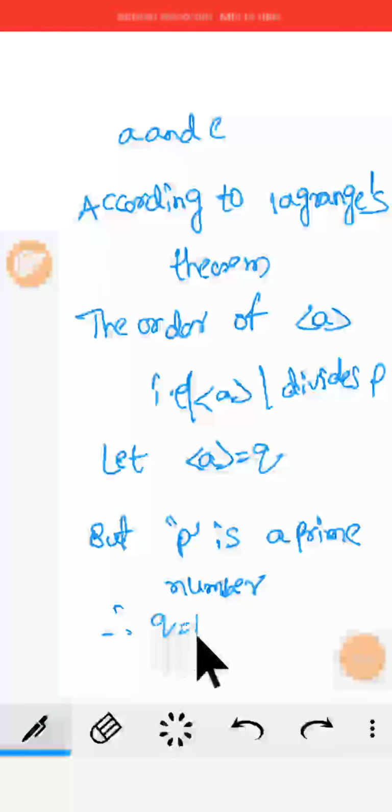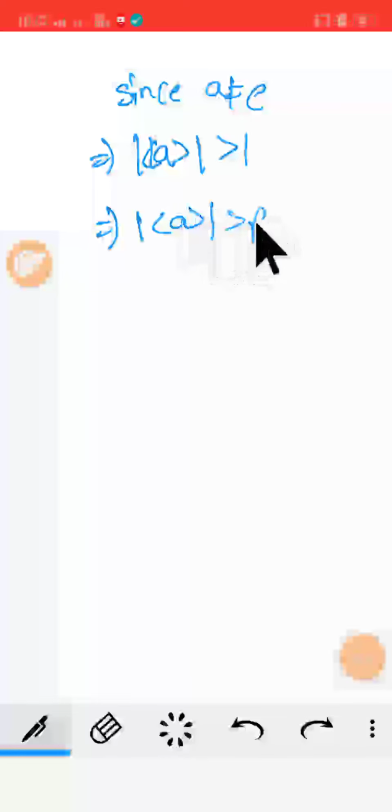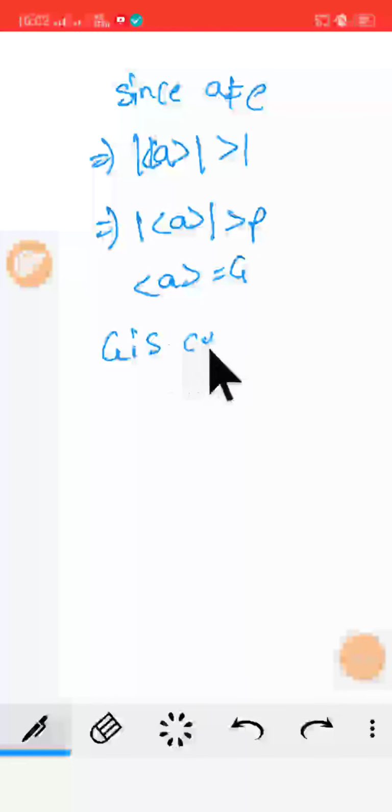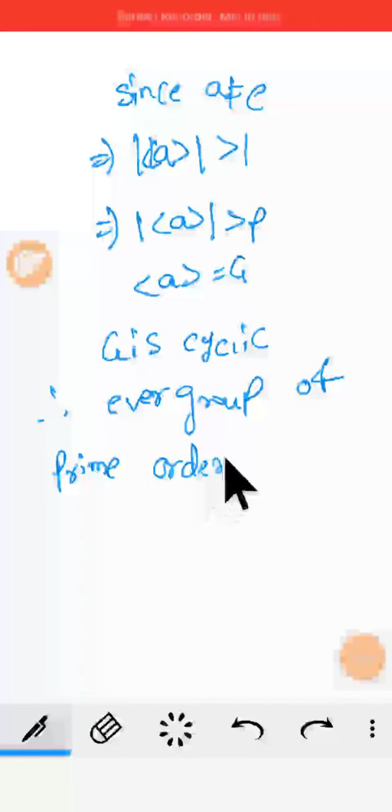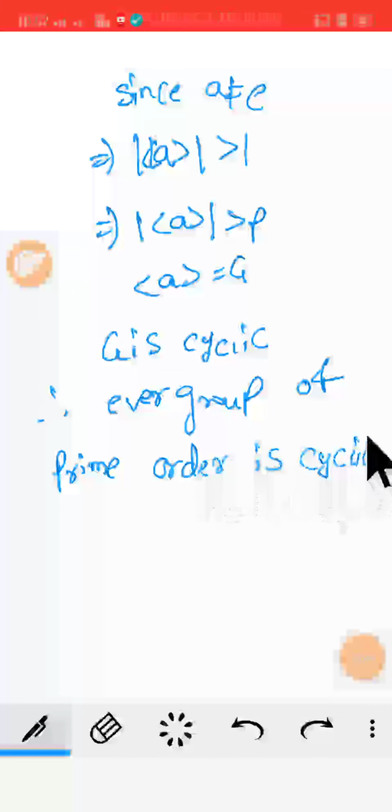So the order of the subgroup generated by A is P. The subgroup generated by A equals G. G is called cyclic. Therefore, every group of prime order is cyclic.